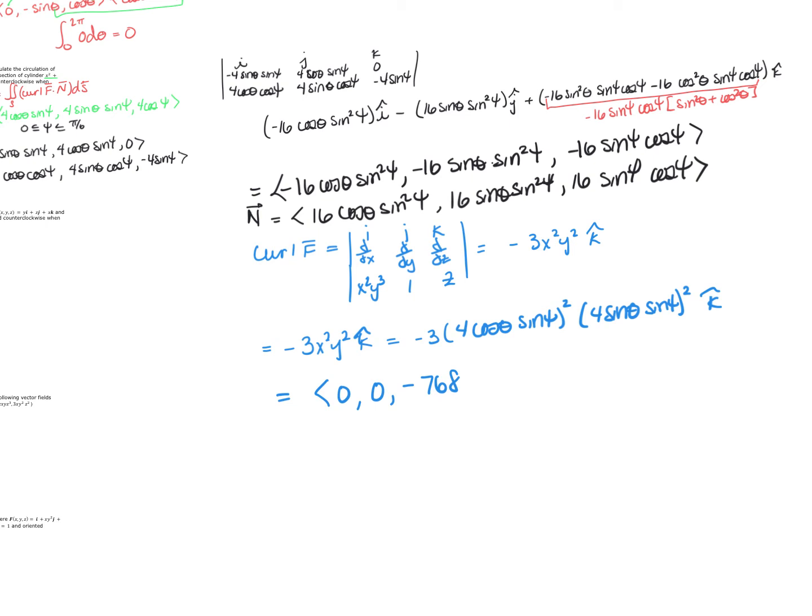I'm going to end up with a cosine squared theta, a sine squared theta, and a sine to the 4th of phi as my curl of f.